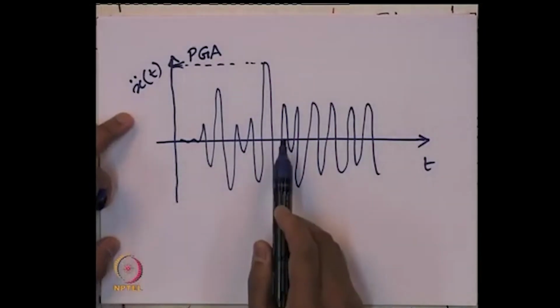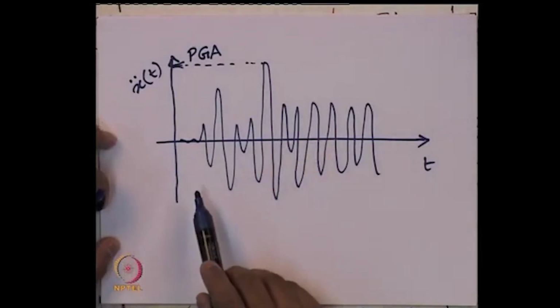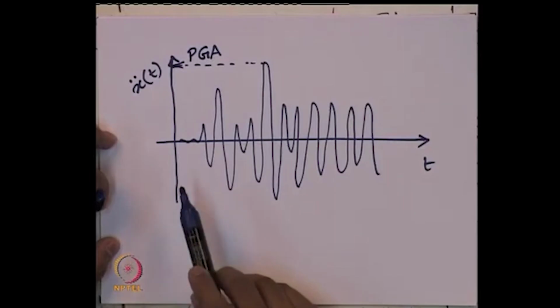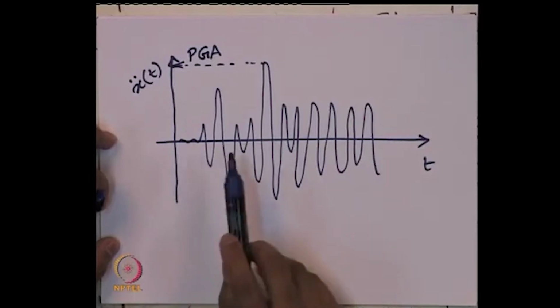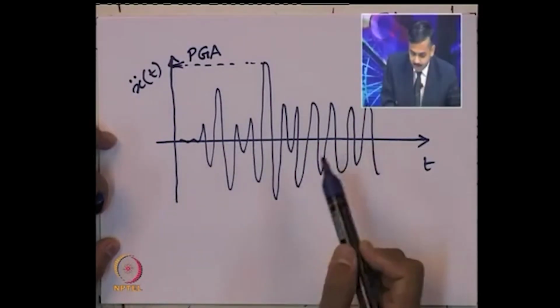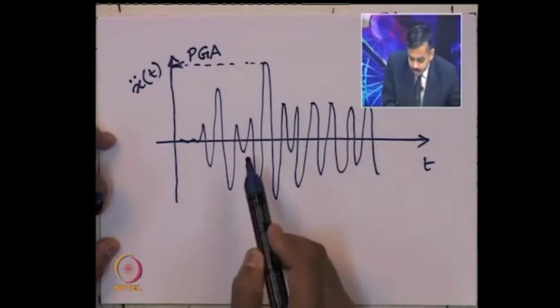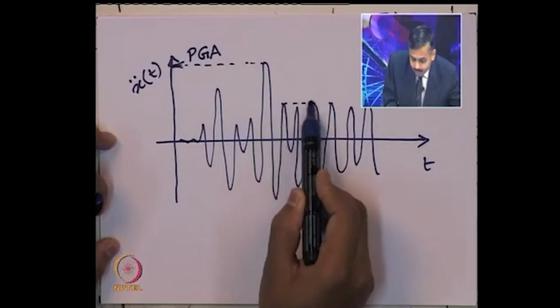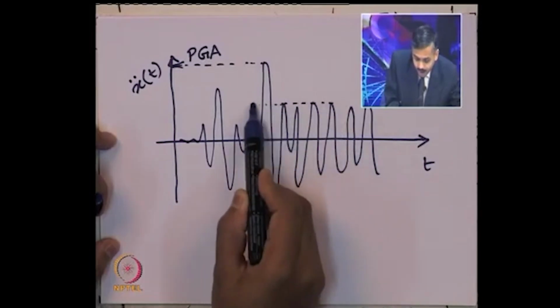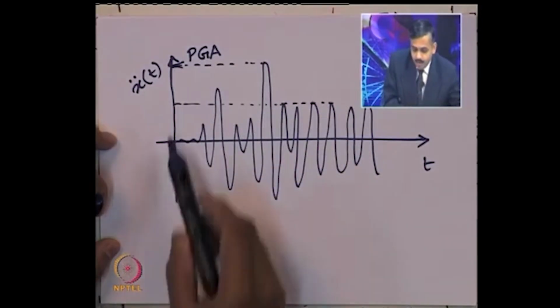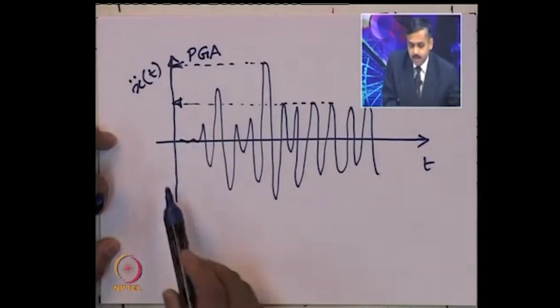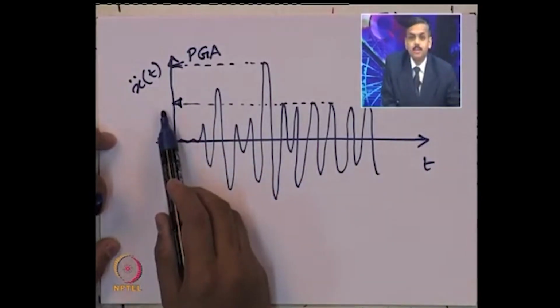But what is this sustained maximum acceleration? It says that the acceleration which sustains for minimum 3 cycles. Suppose this value, this value, this value are same, and they are remaining for at least 3 cycles. So, this value of acceleration will be 3 cycle sustained acceleration.